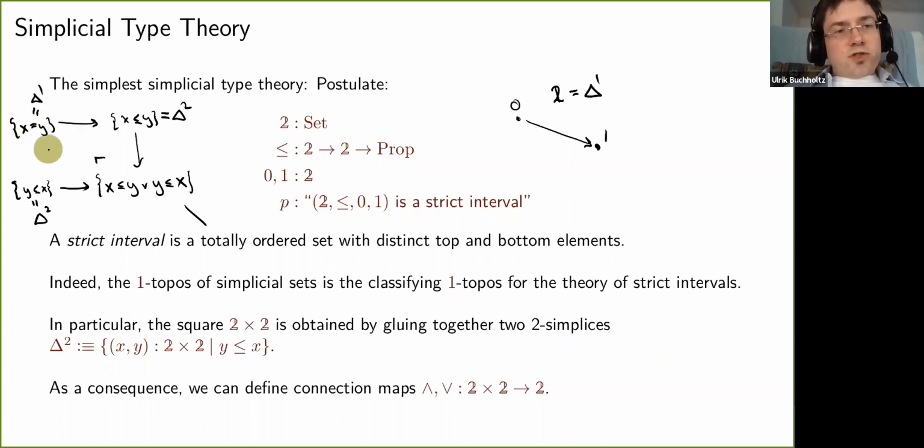And then this is a push out. So you can define maps out of the square by giving the value on the upper part and the lower part, as long as your constructions give you the same result on the diagonal. Okay, so for instance, you can use this to define the connections from the square back to the interval.